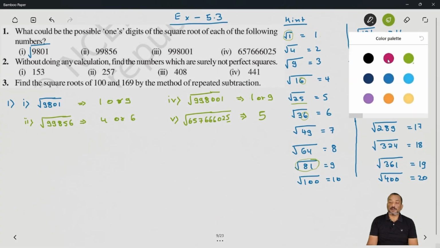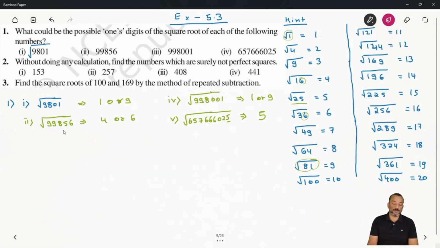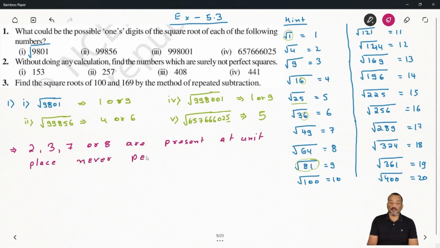You have remembered, I have given you this in the starting video also, that whenever 2, 3, 7 or 8 are present at the unit place, the number is never a perfect square.